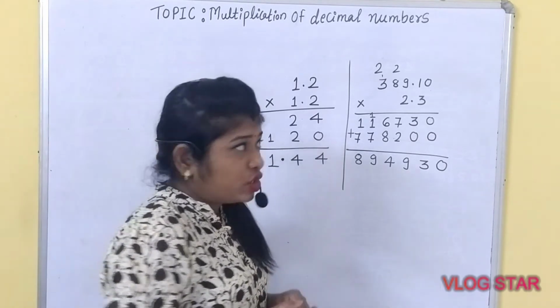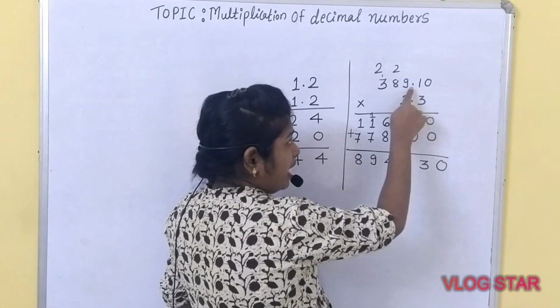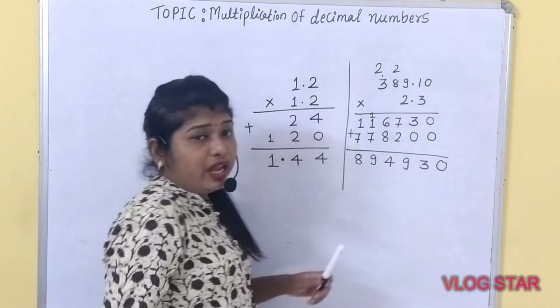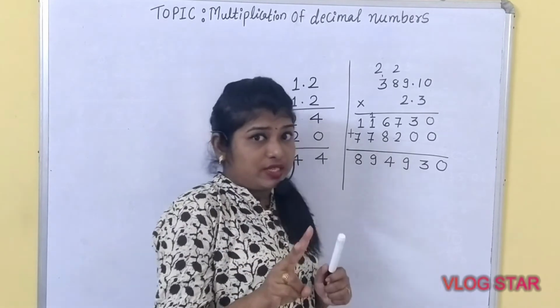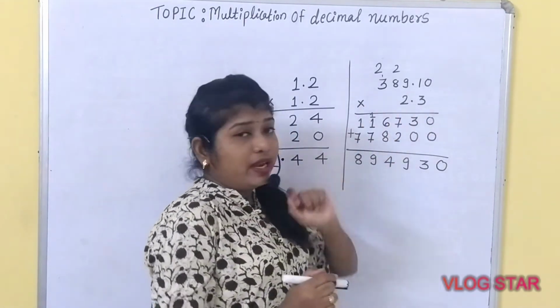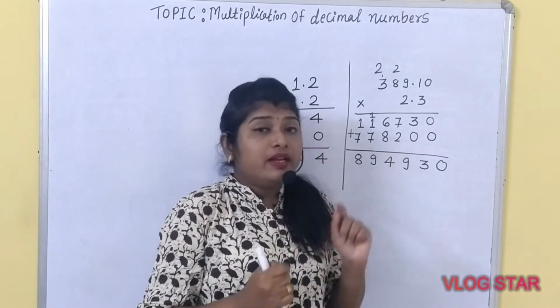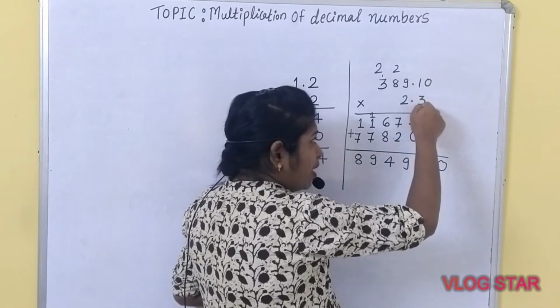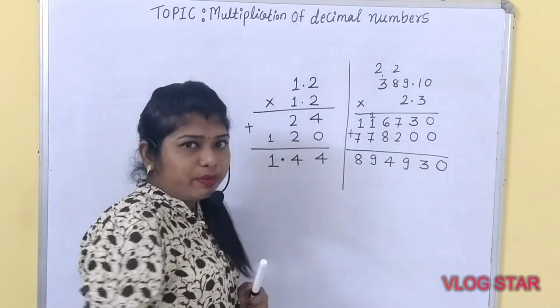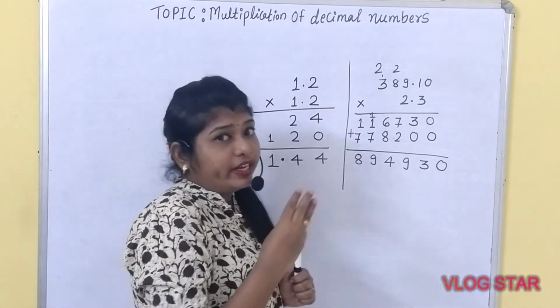What is the procedure? In the first number after the decimal point, how many digits are there? There are 2 digits. Am I right? In the second number, how many digits are there? There is only 1 digit. So in total how many digits are there after the decimal point? Yes, 3 digits are there.